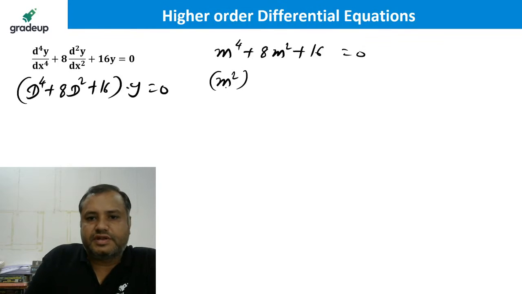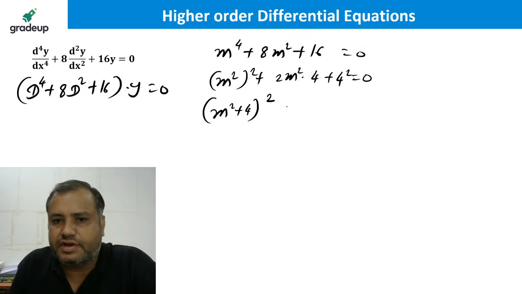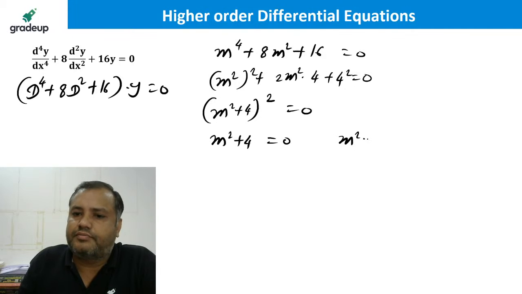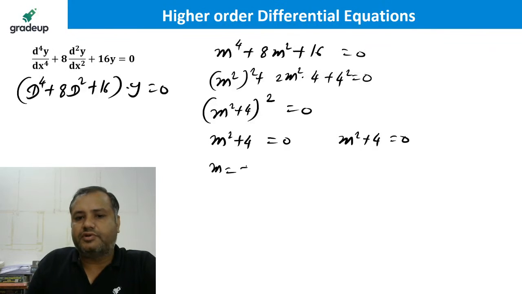So m square is square, 2m square into 4 plus 4 square will be 0. So m square plus 4 whole square equal to 0. So m square plus 4 equal to 0 and m square plus 4 equal to 0. So you will be getting m equal to plus minus 2j and m equal to plus minus 2j.